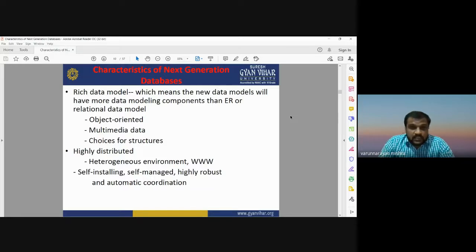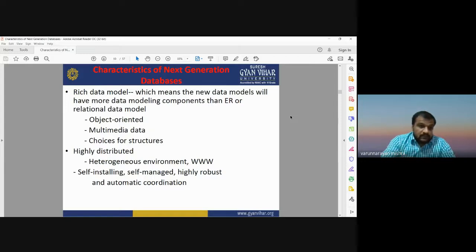The characteristics are written here: it should have a rich data model, meaning that the new data models will have more data modeling components in comparison to the previously developed entity relationship or relational data model.